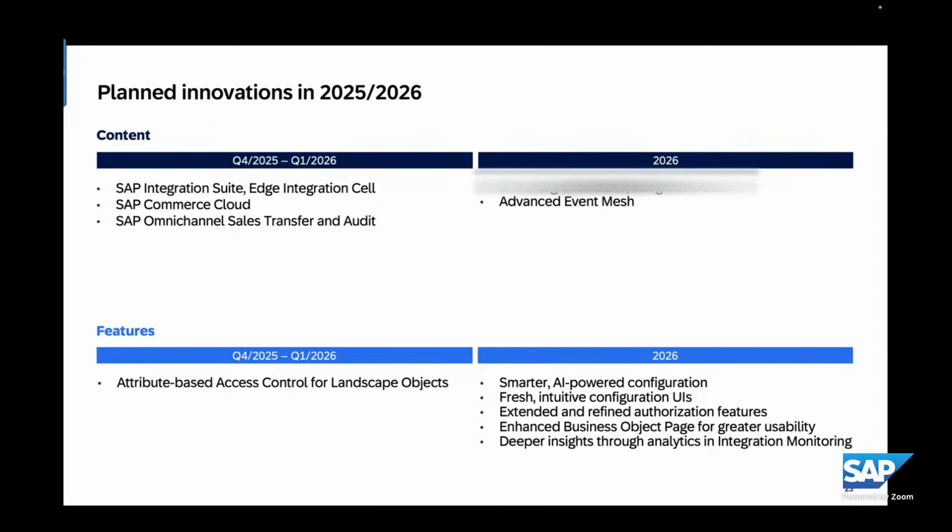Means in the end, especially in the cloud integration case, we will also do fine granularity on the authorization concept here, that you can maybe also restrict some people on the package level, for example. We will enhance our business object page for this master data replication issues, and we want to also provide deeper insights through analytics, which are then in the end embedded in the integration monitoring application.